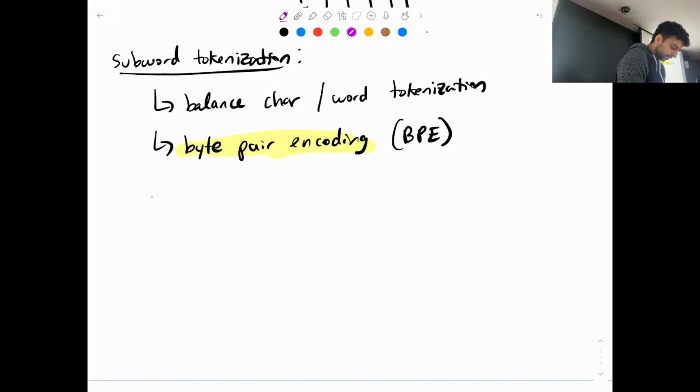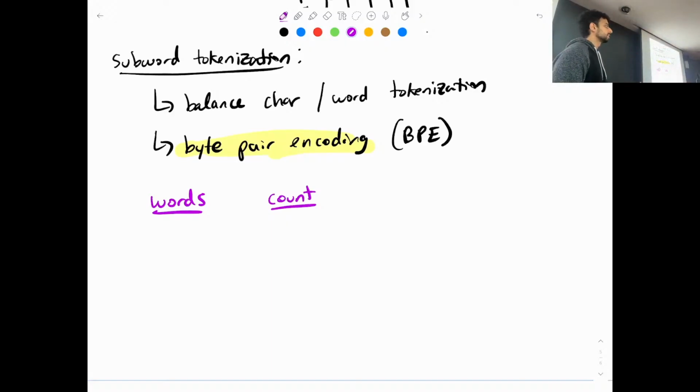All right, so let's say I have a small corpus, not a realistic one at all. The first thing I'm going to do in byte pair encoding is generally some sort of pre-tokenization step, where I might use something like white space tokenization to split into word type units, like smaller units.